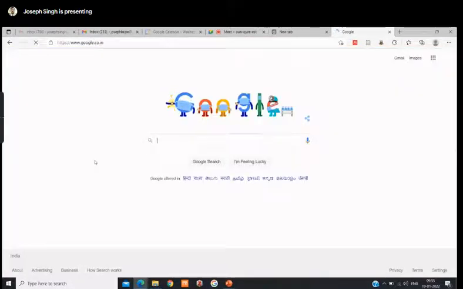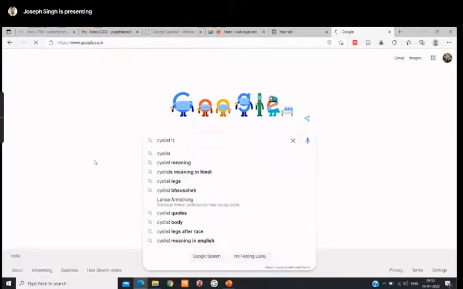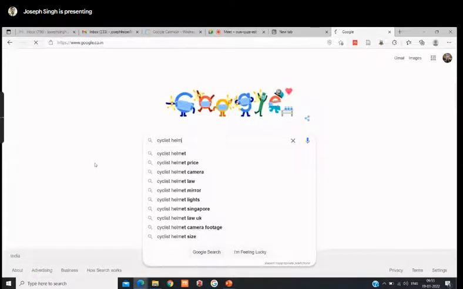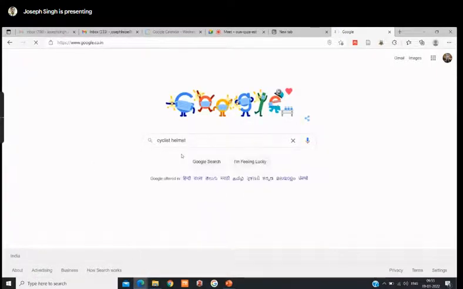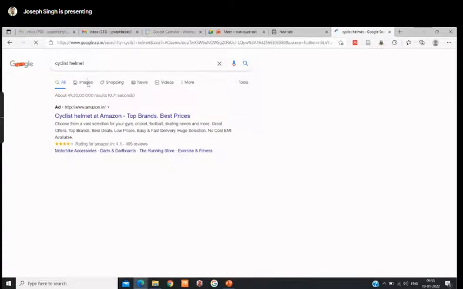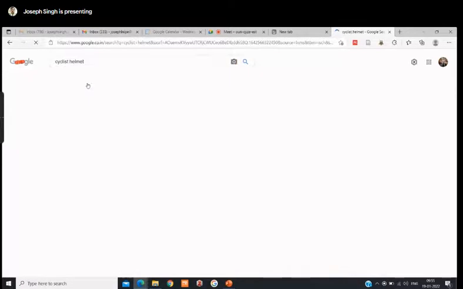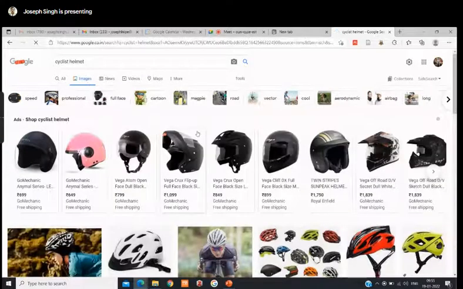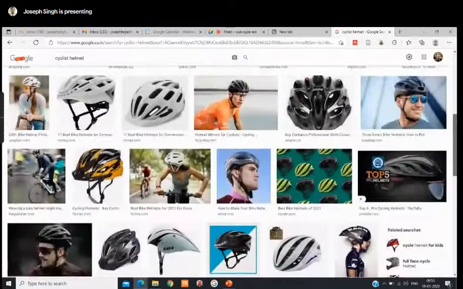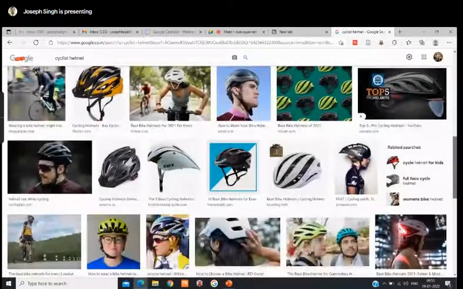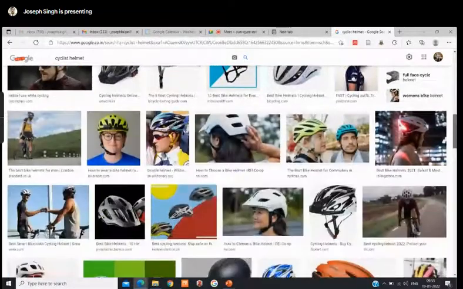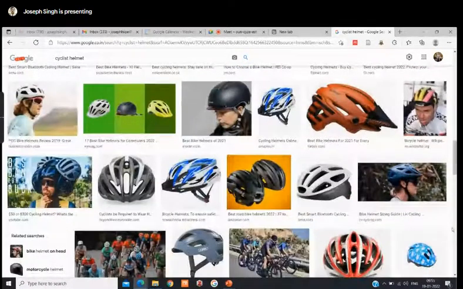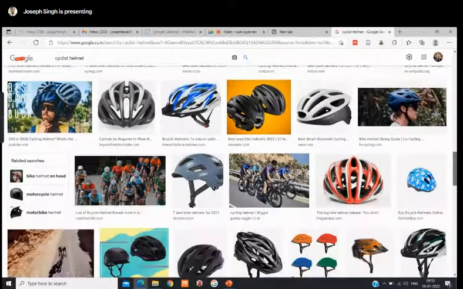Because the head should not give hot friction. These are helmets for what? To save you from injury.